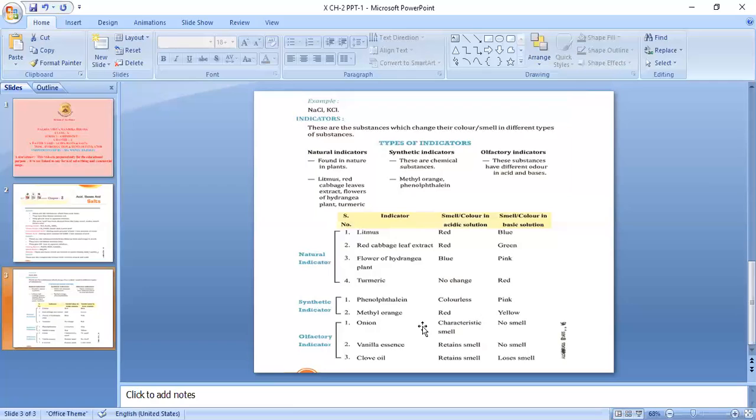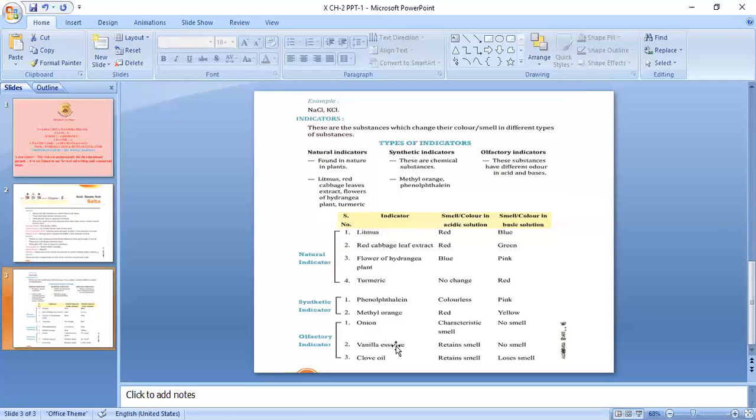But when you add onion to a basic solution, no change in its smell will be observed. The smell of onion will remain as it was before the addition of the base. So again, onion can indicate the acidic nature of the solution. It cannot confirm the basic nature of the solution.